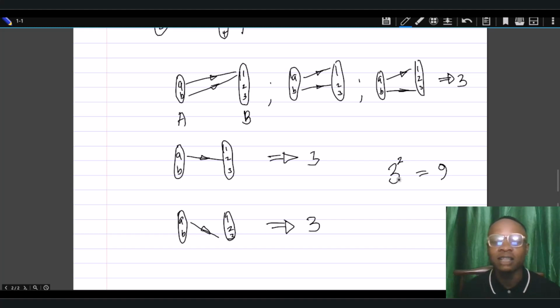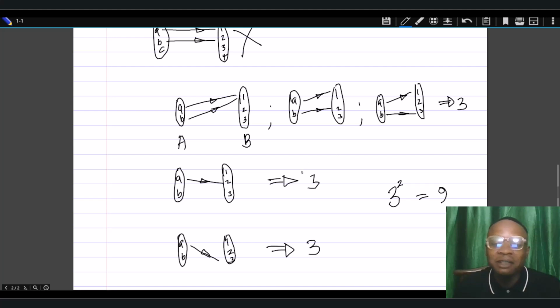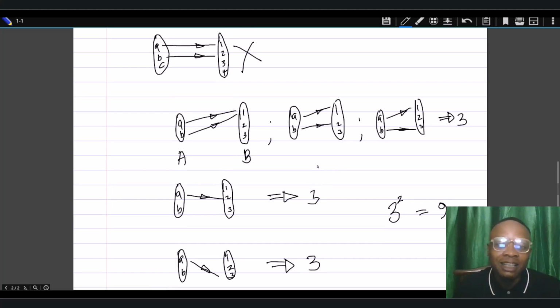You can also check that if we do that for where we have 3 elements here and 3 elements here, it will be 3 to the power of 3. So that will give us 27, because in that case, we'll have 3 choices here to make. Okay, we'll have 2 other choices to make here, which will further complicate the options that we have. Okay, so that is the idea when you're trying to look at how many functions are possible.